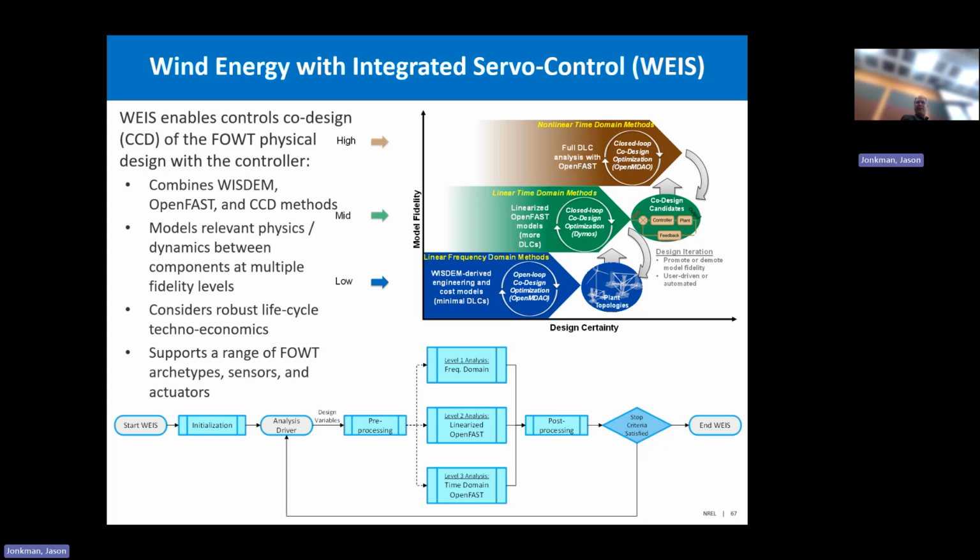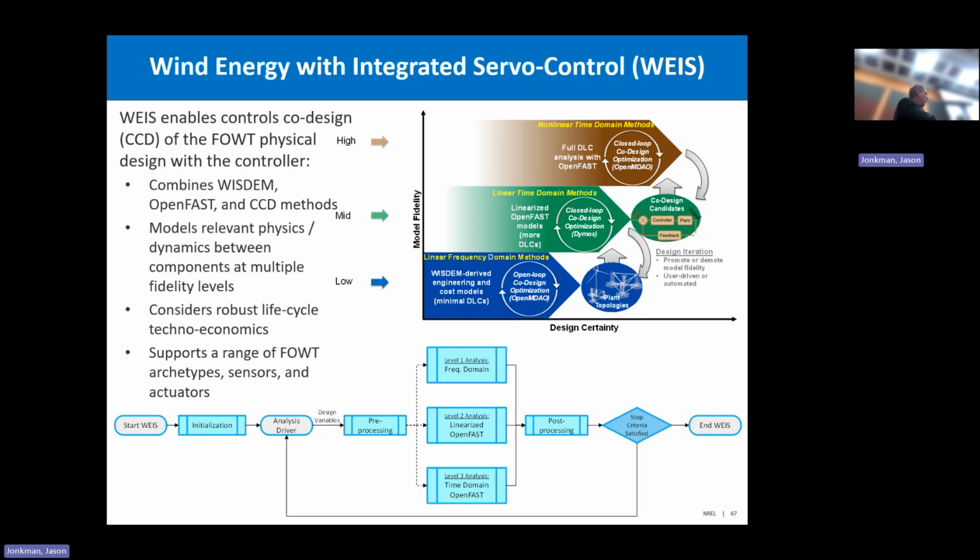WISE is also multi-fidelity. So usually we say OpenFAST sits at the highest fidelity of WISE, running nonlinear time domain simulation at the high fidelity end of WISE. To make a lot of WISE run faster, we do a linearization of OpenFAST and run basically linear models through. So that makes the loads analysis process much quicker in the linearized time domain.